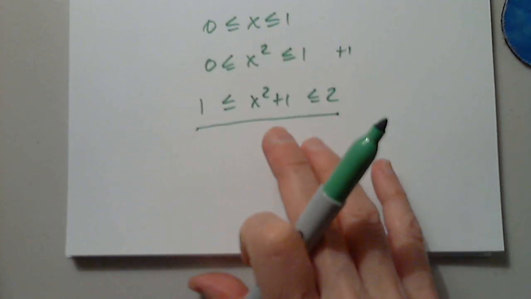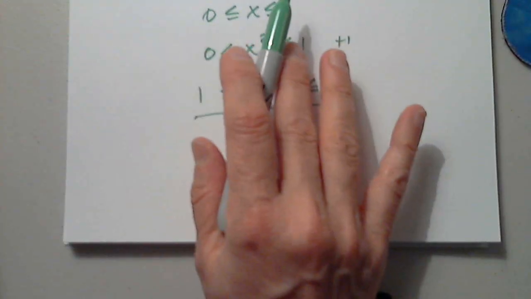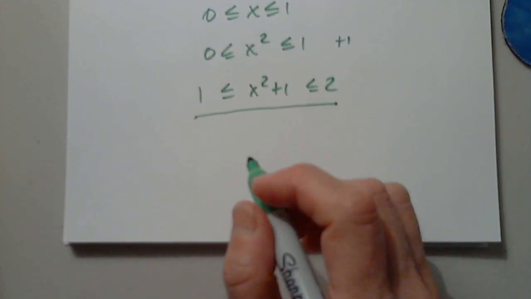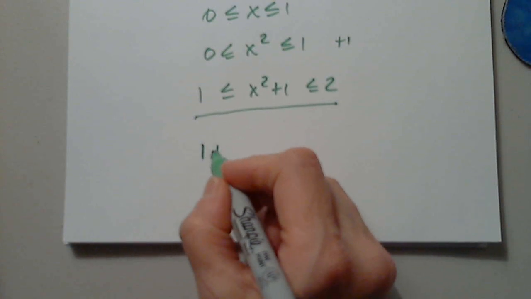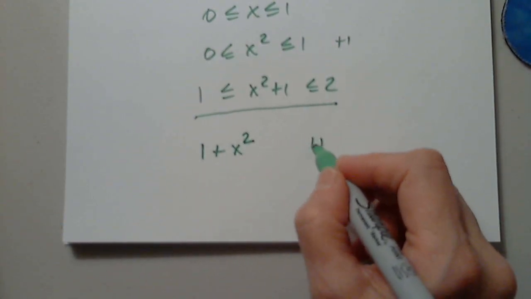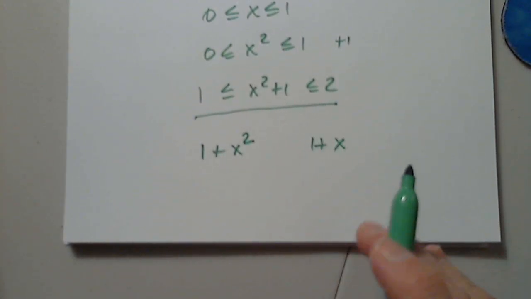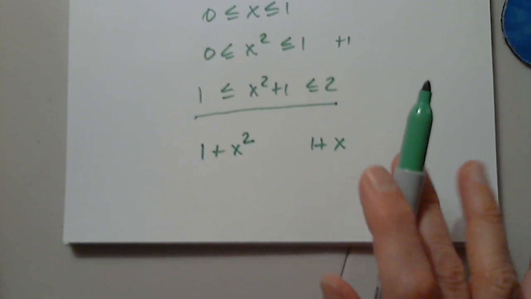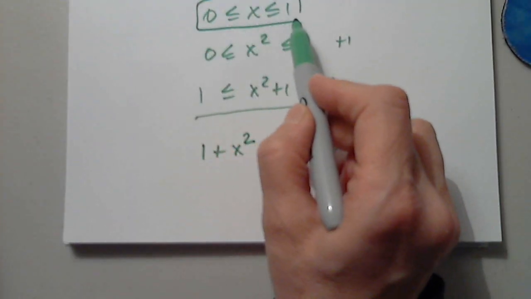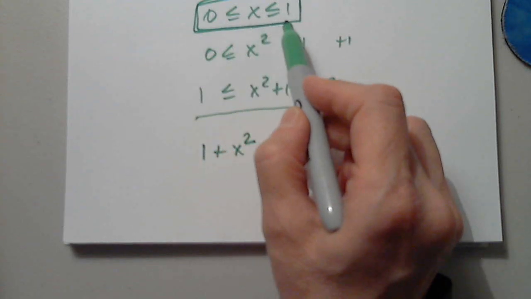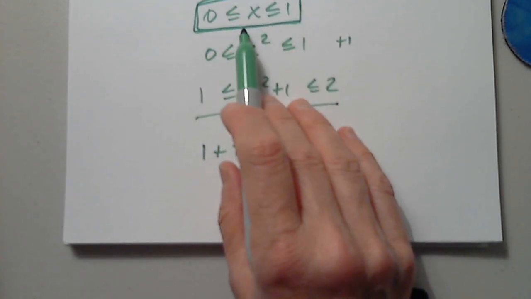So then, knowing that they are in the same range, I need to compare 1 plus x squared to 1 plus x. Which one must be smaller? Keeping in mind that x is between 0 and 1.